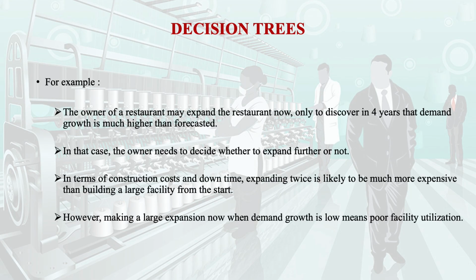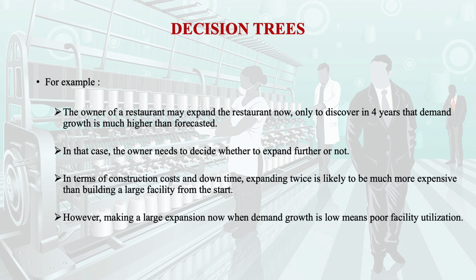If I take an example, an owner of a restaurant may expand the restaurant now only to discover in 4 years that the demand growth is much higher than forecasted. In that case, the owner needs to decide whether to expand further or not. This is the first decision.